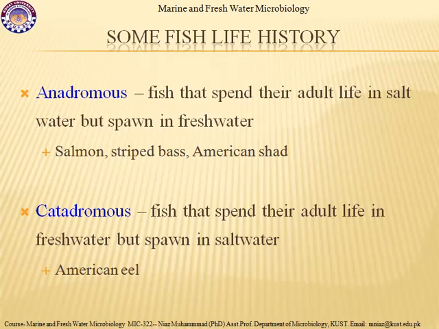Let us draw it. Suppose this is the ocean, and a river is entering from here. The fish will travel towards it, and at this estuarine region they will lay eggs, hatch their eggs, and spend some life over here.